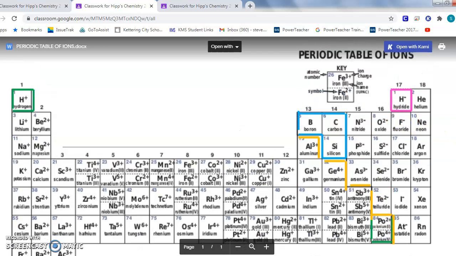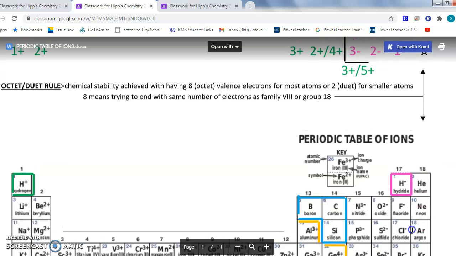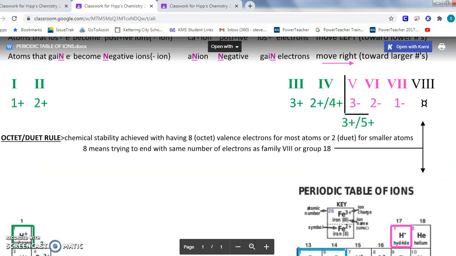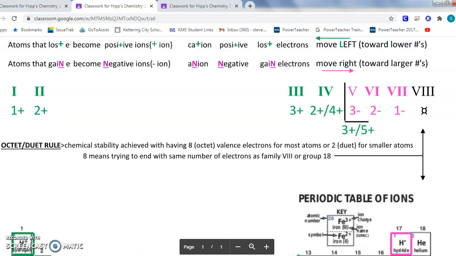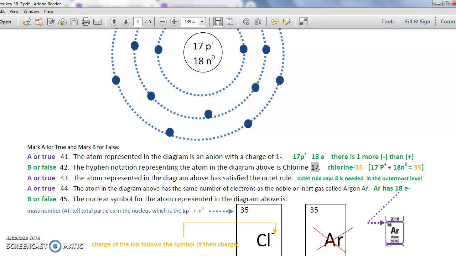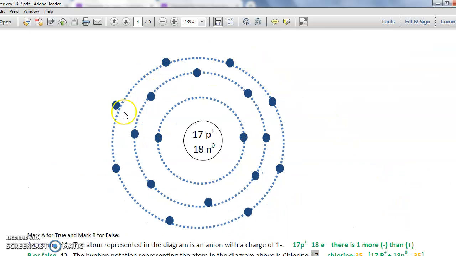It does want to become 1 minus because chlorine normally would start with 7 in its outermost level. That's why there's a Roman 7 there. That Roman numeral is telling you how many it starts with in its outermost level. So chlorine starts normally with 1, 2, 3, 4, 5, 6, 7.